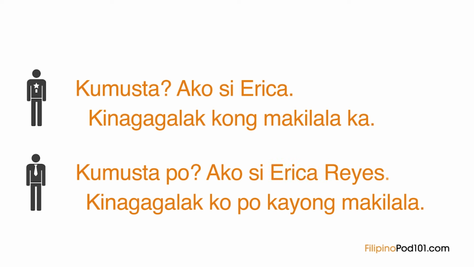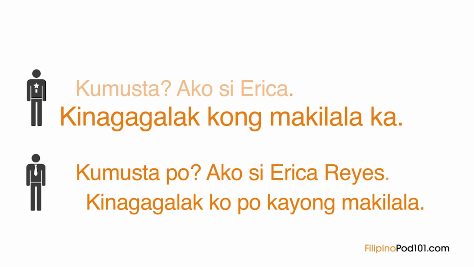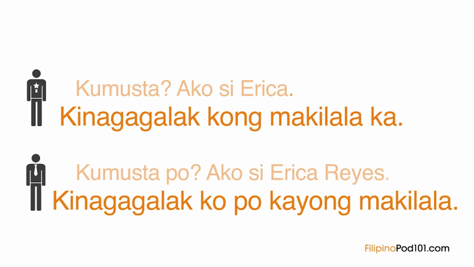Finally, pay attention to the ending. We went from kinagagalak kong makilala ka to kinagagalak ko po kayong makilala. Ka or you is changed to the plural pronoun kayo to make the sentence more formal. The pronoun is moved to the front of the verb, and ng is added to connect the words.